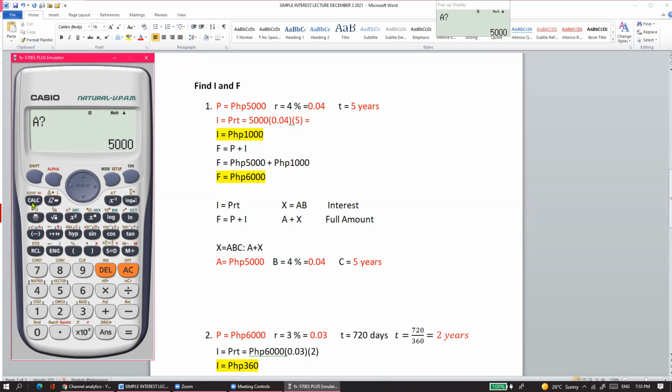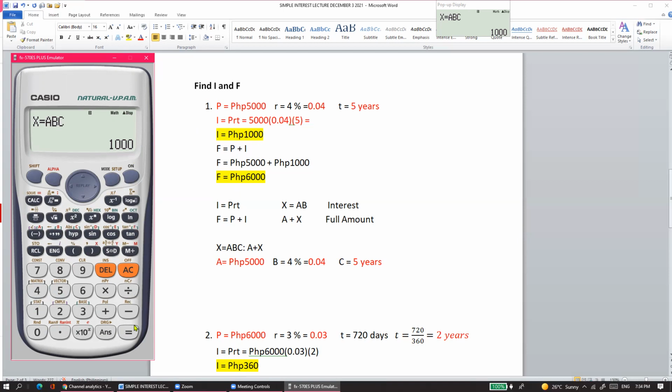Okay, ulitin ko lang, no? Okay, calc. Nagtanong ang calcu, I'll type 5,000. Equal. Magtatanong ang calcu na ano daw ang value ng B, I'll type 0.04. I'll press again equal. The calculator will ask us about the value of C, which is actually the time. Then I'll type 5 and then press equal. The calculator will give us X value, that is 1,000. At yung una, ibinigay na ng calculator ang value ng simple interest.